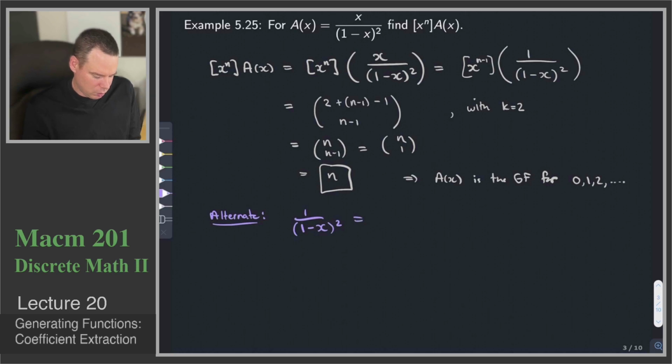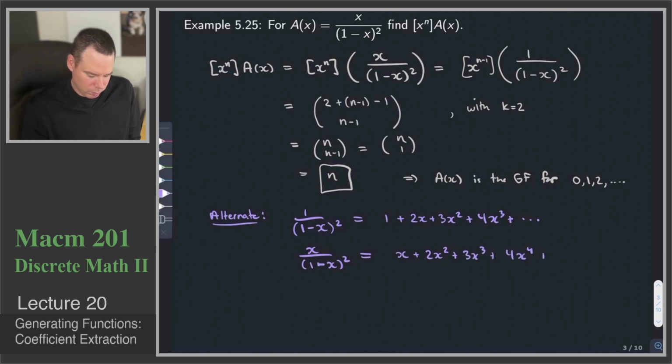That's the generating function for the series 1 plus 2x plus 3x squared plus 4x cubed plus dot dot dot. And now the one I'm interested in is the one I get by multiplying by x. So then I just multiply everything by x. So I get x plus 2x squared plus 3x cubed plus 4x to the fourth plus dot dot dot.